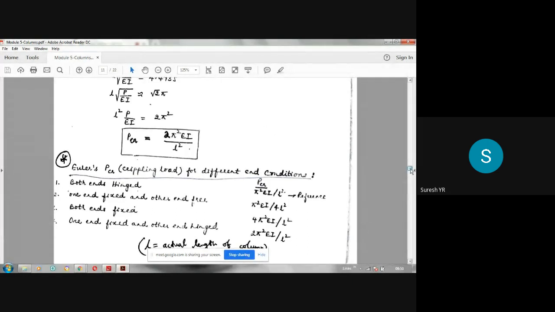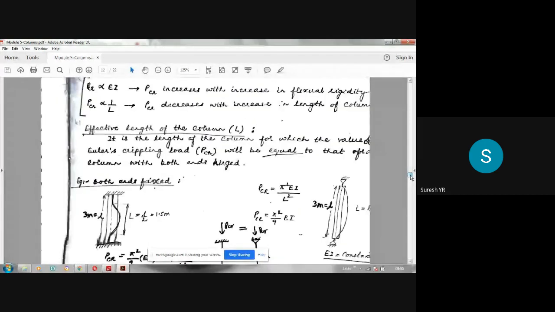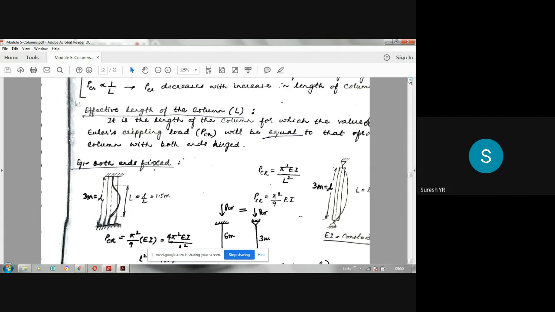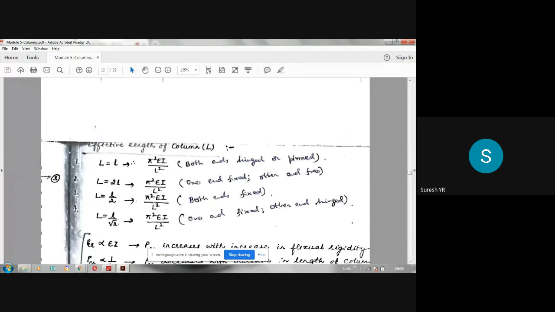Let me tell you. In this formula, consider the second case, one end fixed and other end free.